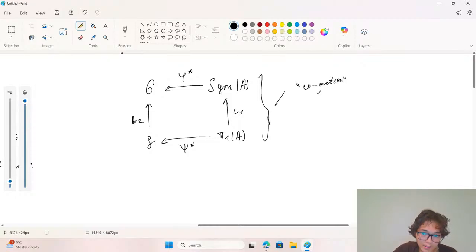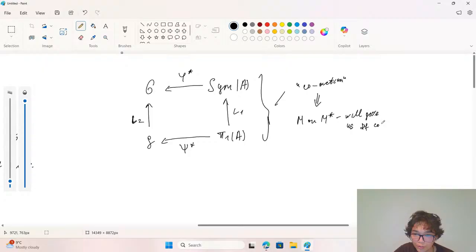But I think it shows somehow that we can construct M, which I call M star, the matrix of coaction, and this will give us the definition of coimage.